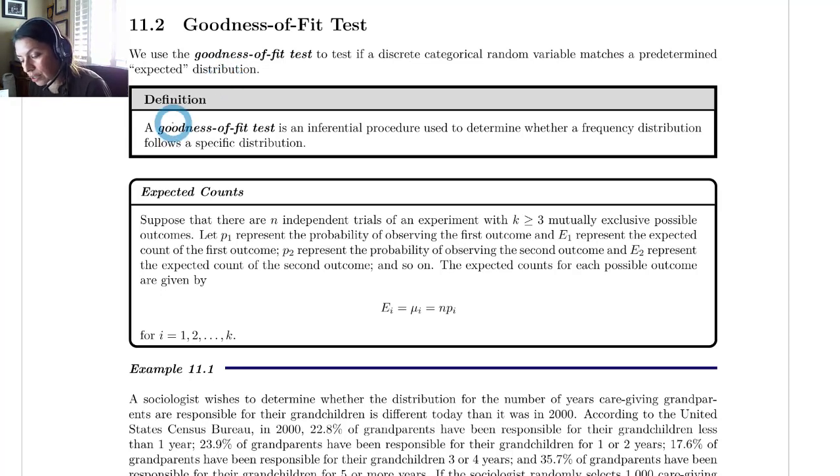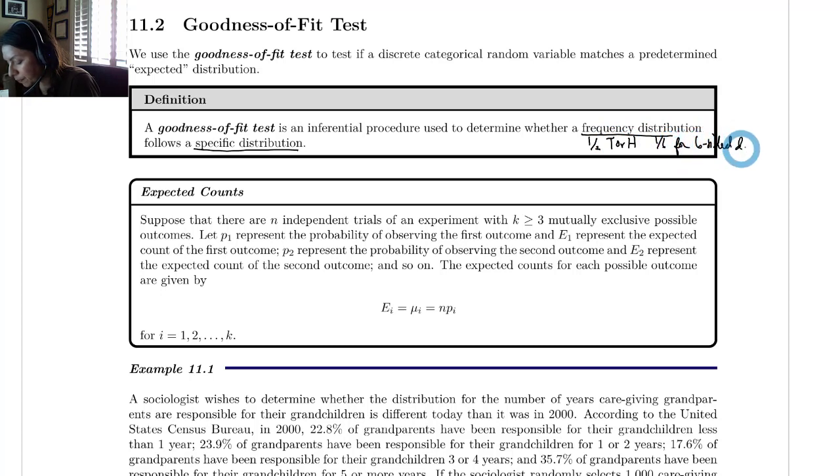So we can use the goodness of fit test as an inferential procedure to determine whether a frequency distribution follows a specific distribution. And what that really means is, does the frequency distribution, meaning 1/2 for tails or heads, or 1/6 for a six-sided die, follow that specific distribution, right?